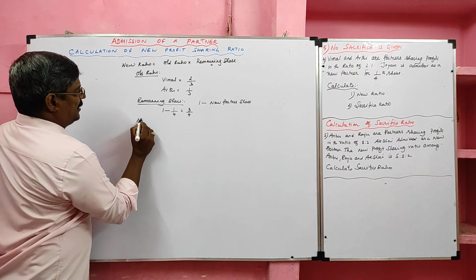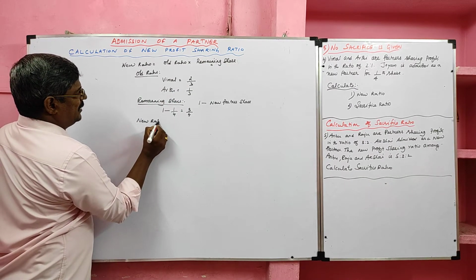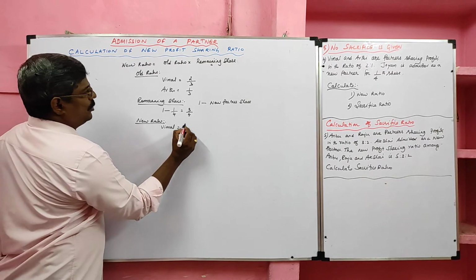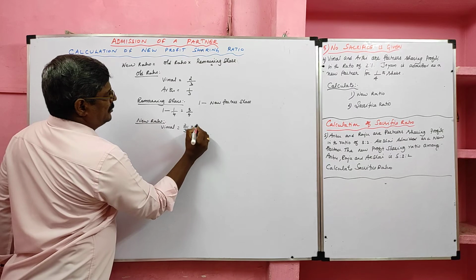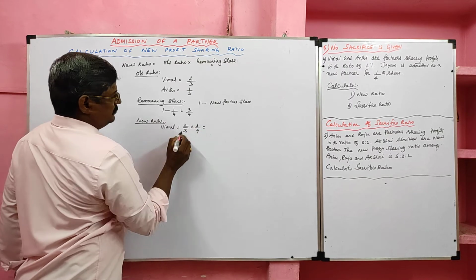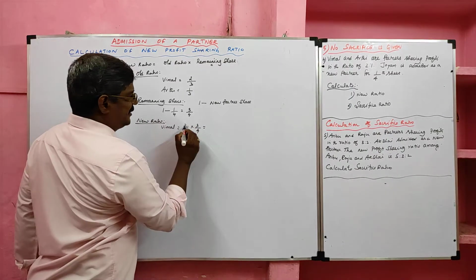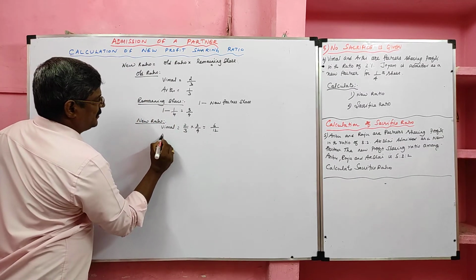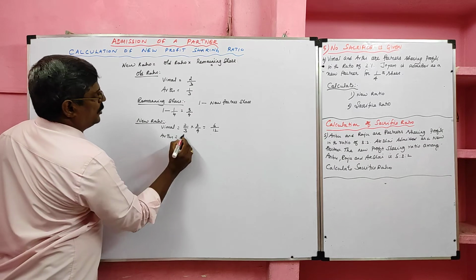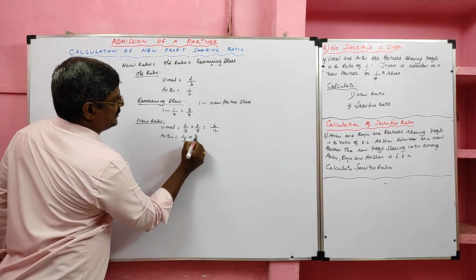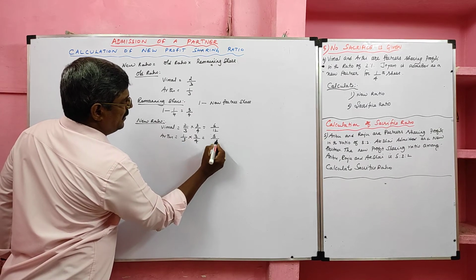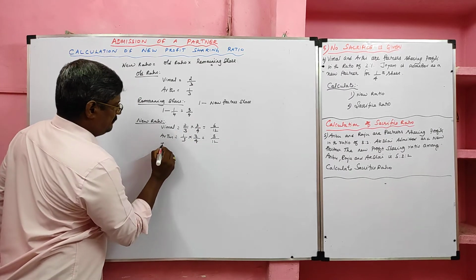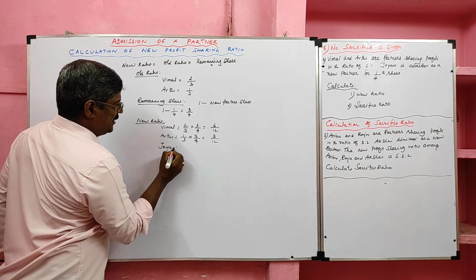Now I am going to calculate the new ratio. Vimal's old ratio 2/3 into the remaining share 3/4 gives 6/12. Then Aarti, old ratio 1/3, remaining share 3/4, gives 3/12. Then the new partner is Jayam.